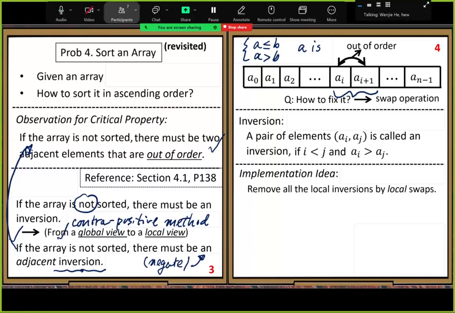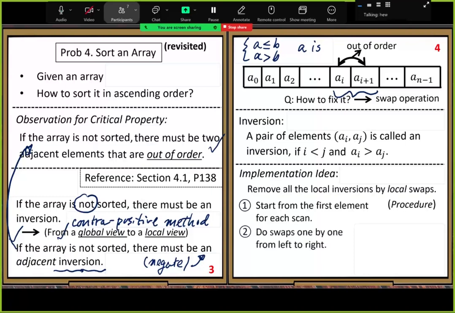But to do local swap, is that easy? You only need to do local swap. That's easy. So let's do the local swap. We start from the first element. We scan the array multiple times. Every time when we start a scan, we start from the first element. We compare two adjacent elements, and we do swaps one by one from left to right, if necessary.